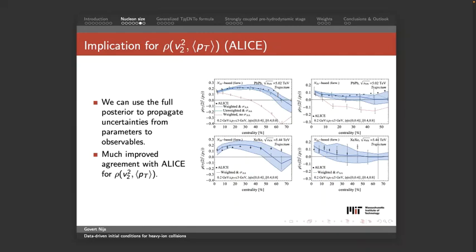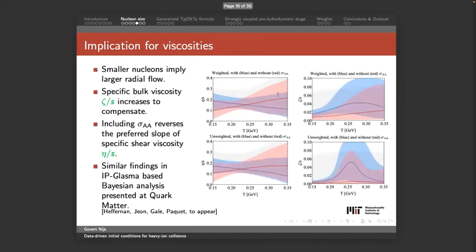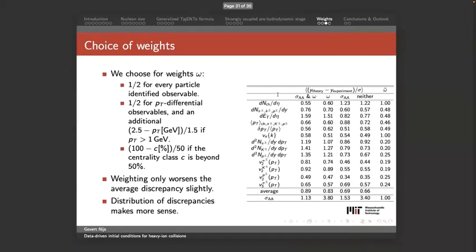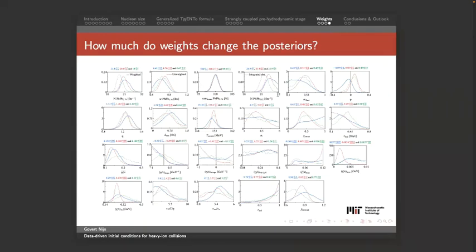Before, you showed this nice plot from Jonah Bernhard's thesis about the Bayesian constraint on P. That's assuming Q equals 1. Now, when you change Q from 1 to 4/3 or 2, how does P move? I have that somewhere. It's still compatible with 0, but the distribution is no longer nicely centered at 0.